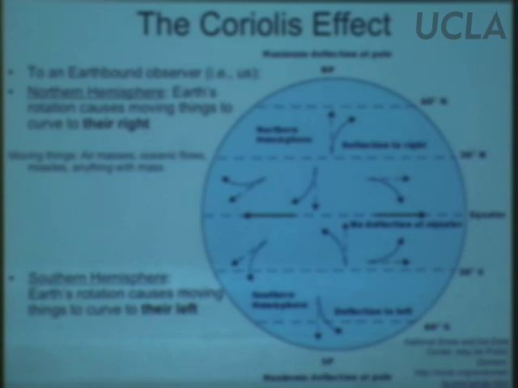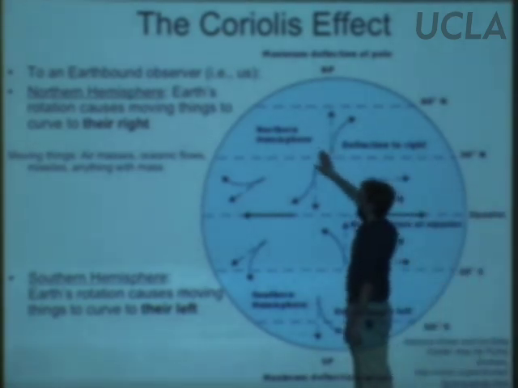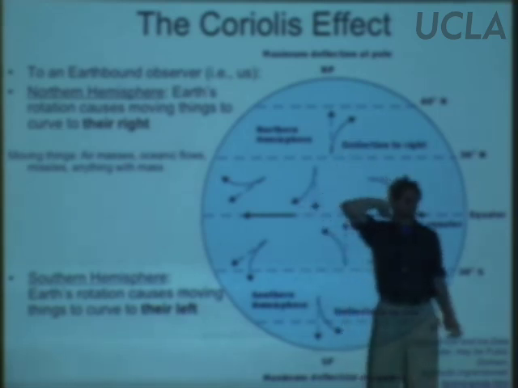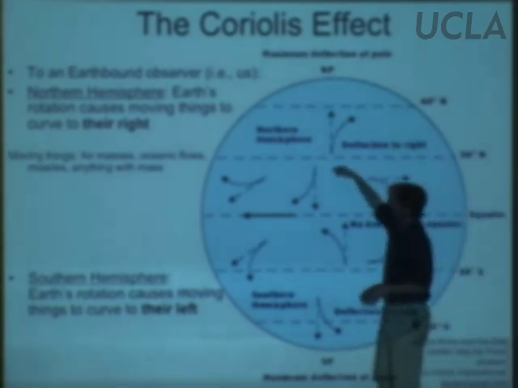And the spin of the Earth in the northern hemisphere tends to cause flows to be deflected towards the right. So that wind that's trying to blow from the pole towards the equator to return that flow is actually being deflected to the right, in which case it's being deflected into an easterly, a wind that blows from east to west.